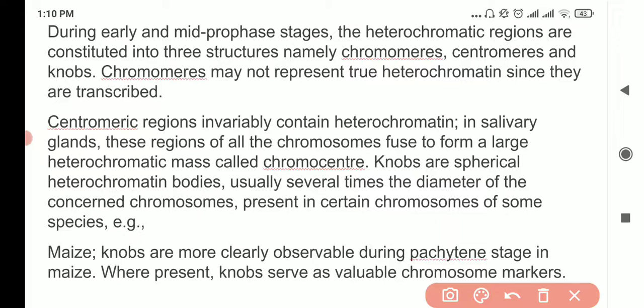They become so giant because of the fusion of so many centromeres. Okay, one minute, let me read again. In salivary glands, these regions of all chromosomes fuse to form a large heterochromatic mass called the chromocenter. So it is the unimportant heterochromatin part that fuses to form this giant mass.